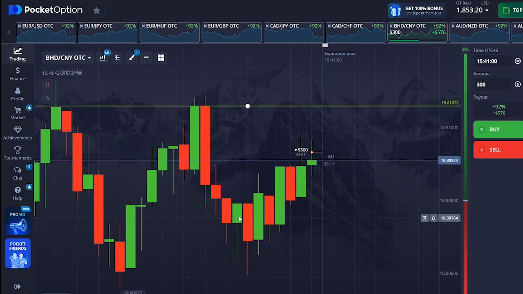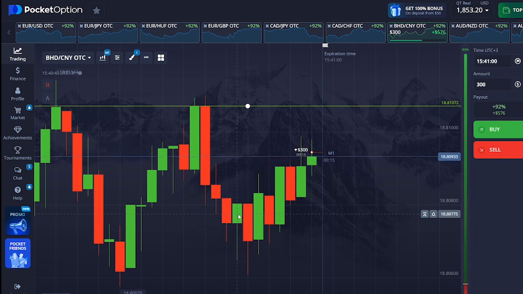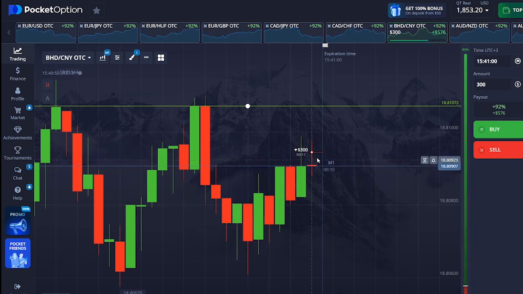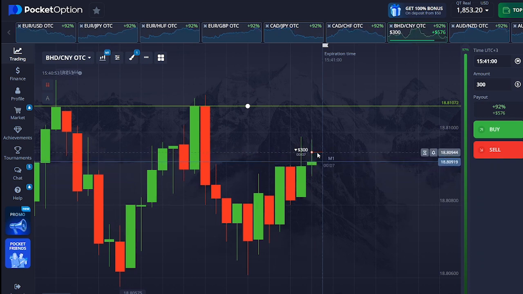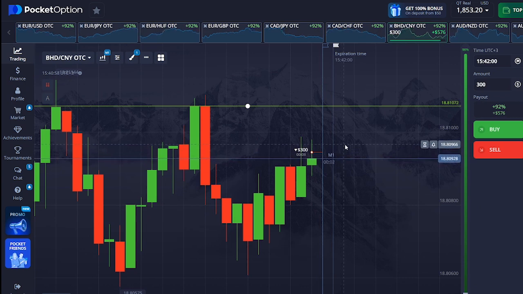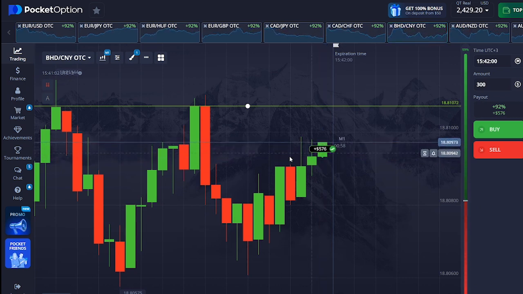As you can see, we are forming a green candle, red candle, green, red, green, red, green. So we expect a red candle, and I took it with a little bit of margin of safety. So let's see how it closes. Okay, that was a win because of our margin of safety.